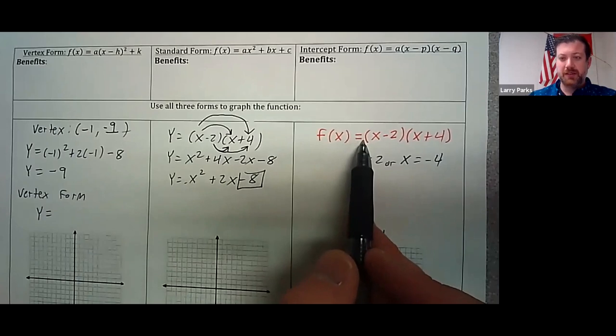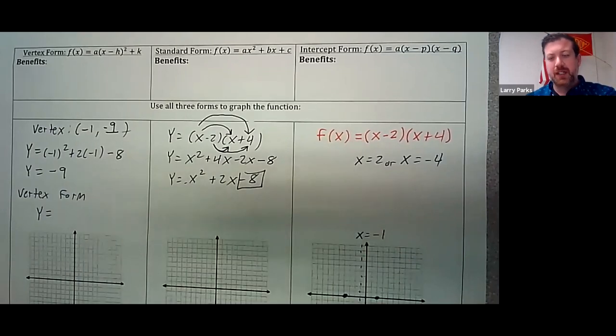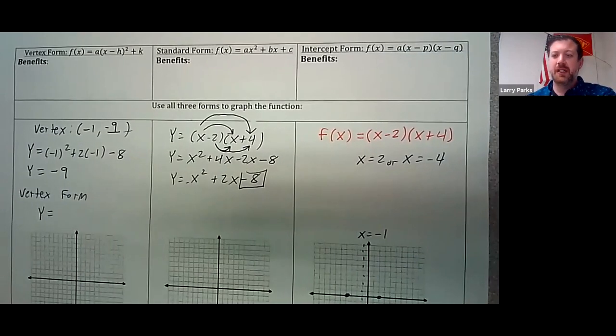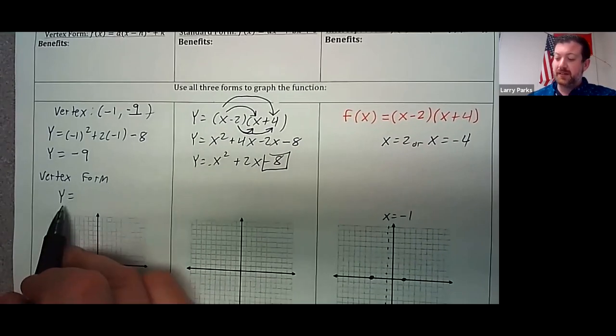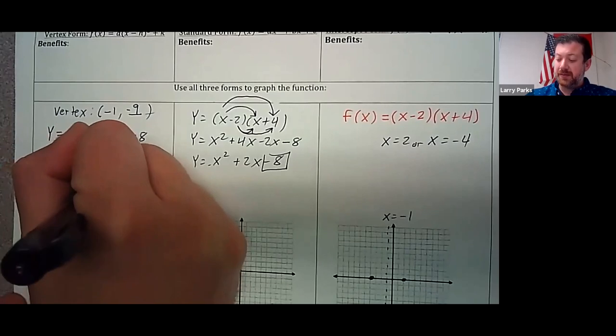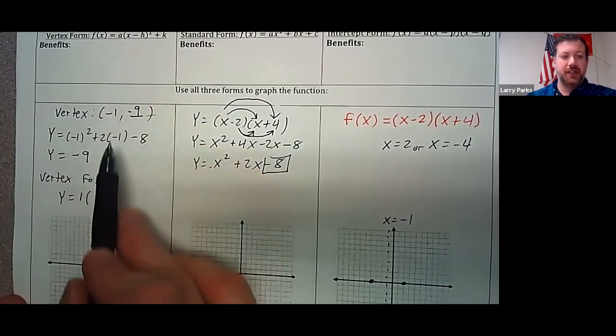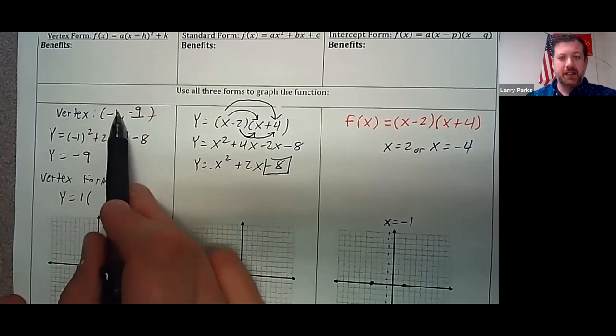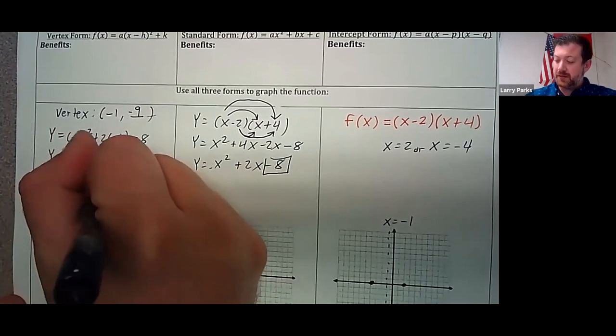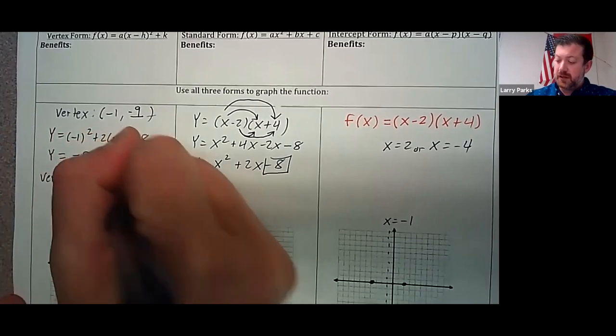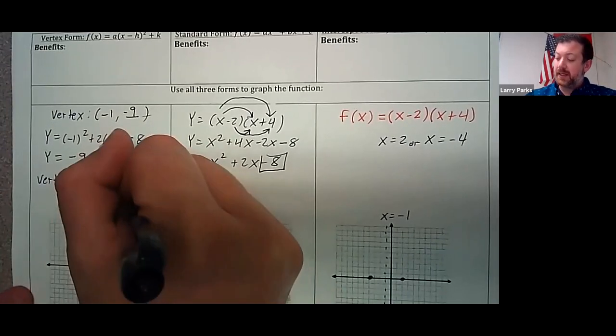So I made all of these very simple. In your practice, I kept them simple, but they do get trickier if a is not 1. So you could put a 1 if you want. I will. X minus h. X minus negative 1 would be x plus 1, minus k.